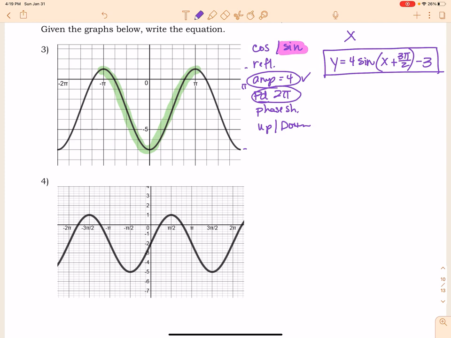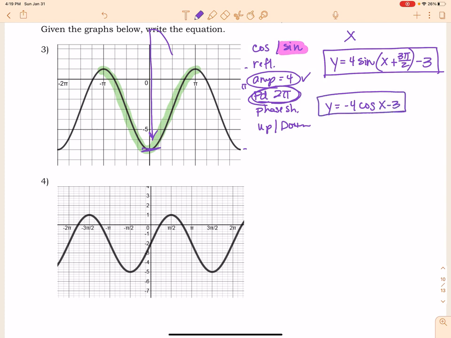If I consider that one cycle, you could also think of this as reflecting, see? Couldn't it be up here somewhere and then it reflected to there? So you could think of that as a reflection. So negative 4 cosine. And then, of course, we don't have to worry about the period. It's the same for 2 pi, so I've just got an understood 1 there. And then you could just think of this as reflecting and then moving down 3, okay?